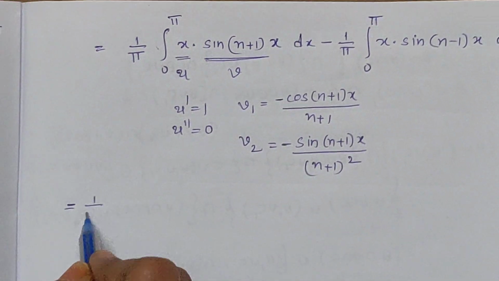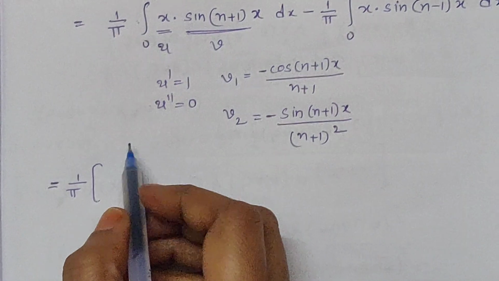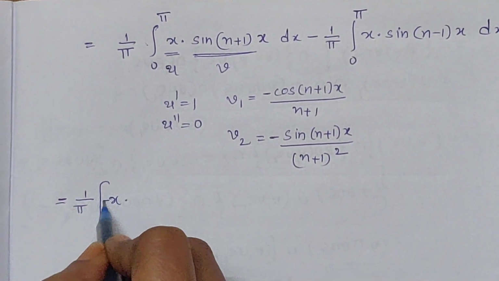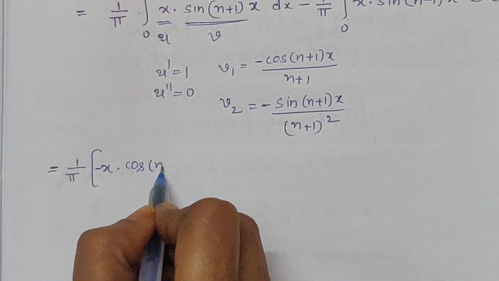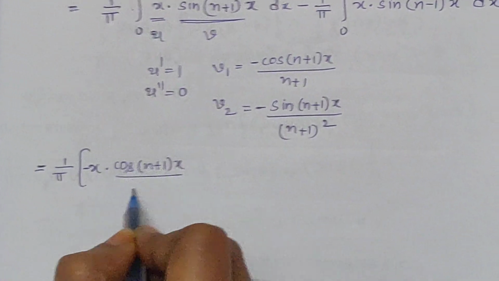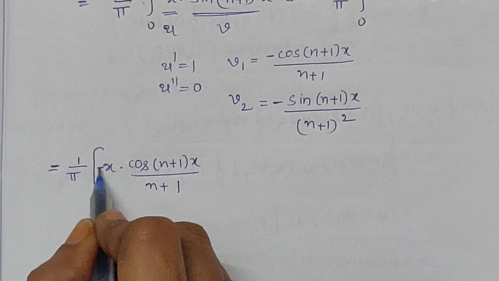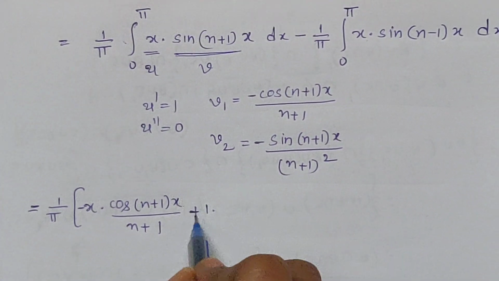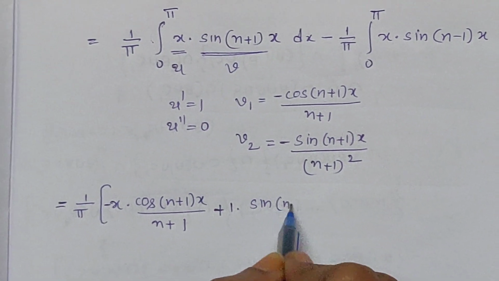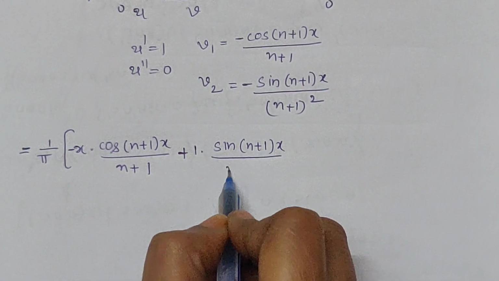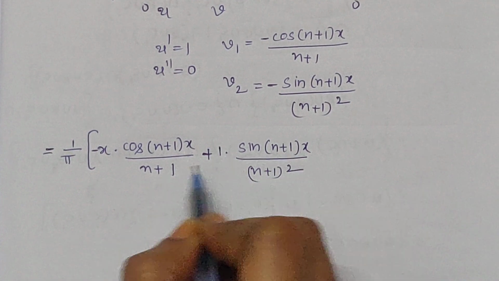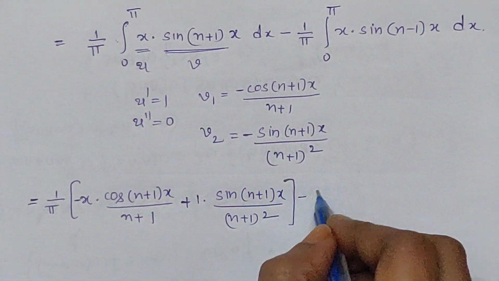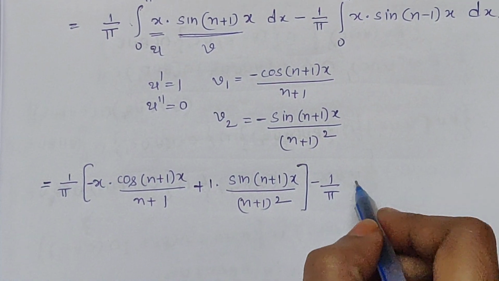By the generalized rule of integration by parts, uv1 is x into minus cos((n+1)x)/(n+1), minus u'v2, so sin((n+1)x)/(n+1) whole square, minus 1 by pi.